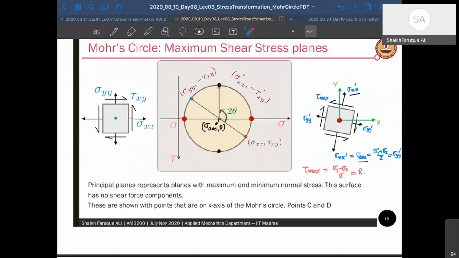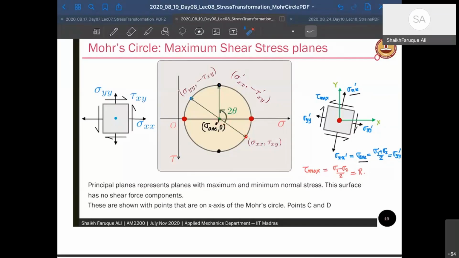So you can just use the formula of the radius of the circle. Remember or forgot? So it will be sigma x minus sigma average whole square, plus tau xy square, whole under root. This value squared plus this value squared will give you the value squared here, right? And that's the radius.